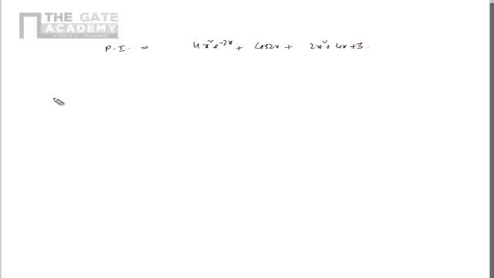So the complete solution is y equal to the complementary function plus the particular integral. That we have already found out. So (c1 x plus c2), or (c1 plus c2 x), whatever way you want to consider, e power 2x, plus these terms, the particular integral terms.